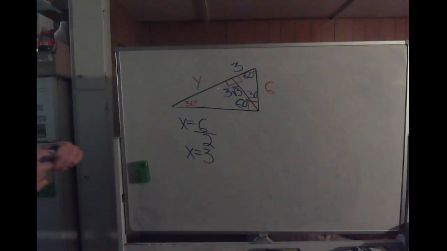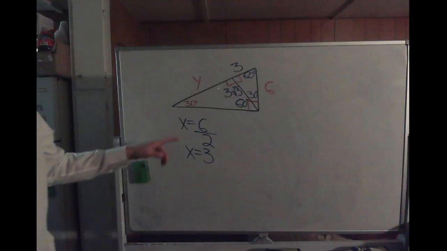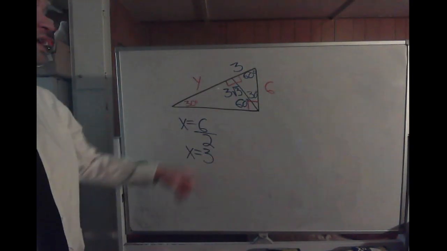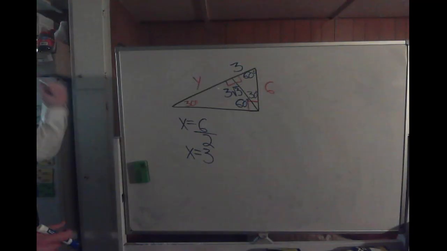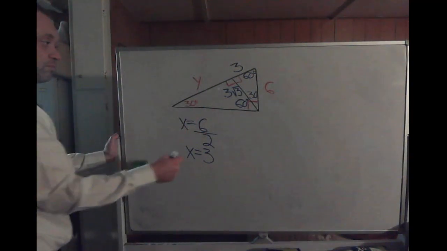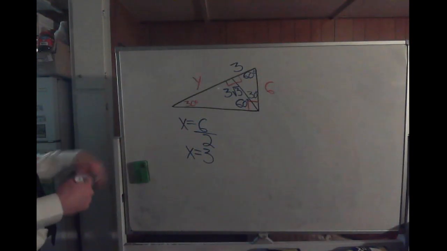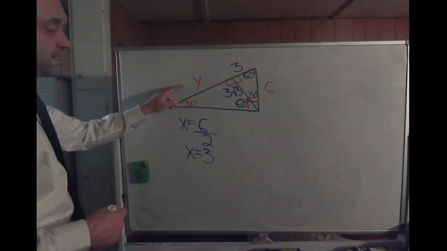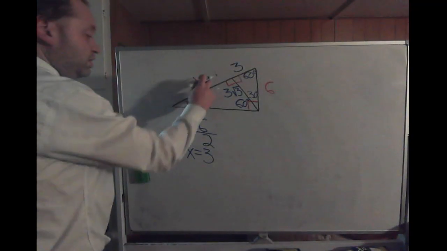Alright, because the length of the longer leg of the smaller right triangle becomes the shorter leg of the bigger right triangle. And we have the length of the shorter leg here because it's across from the 30-degree angle in the bigger triangle. Y is not your hypotenuse, it's your longer leg.